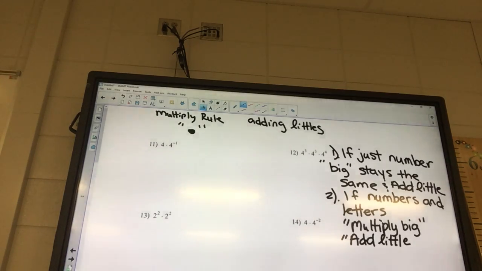I'm gonna give you guys a second to write that down. If just numbers, the big stays the same and you add the littles. If it's numbers and letters, multiply the bigs, add the littles.